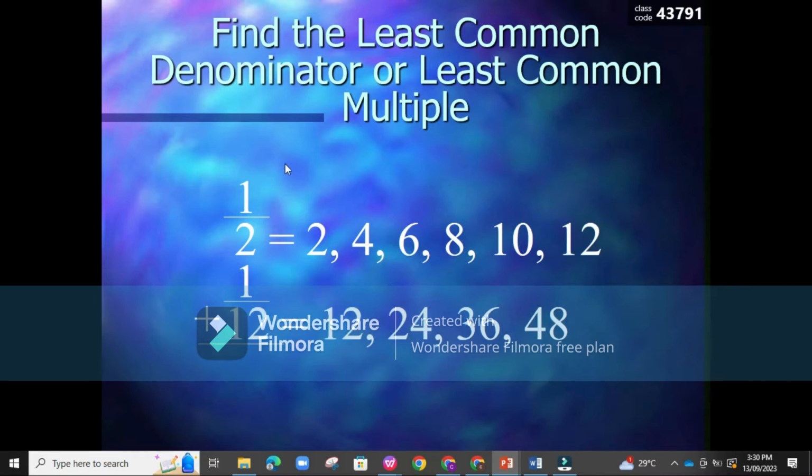Okay, next. 1/2 and 1 over 12. The denominator 2, we have the multiples 2, 4, 6, 8, 10, 12. And for the multiples of the denominator 12, we have 12, 24, 36, 48. So the least common denominator is 12.